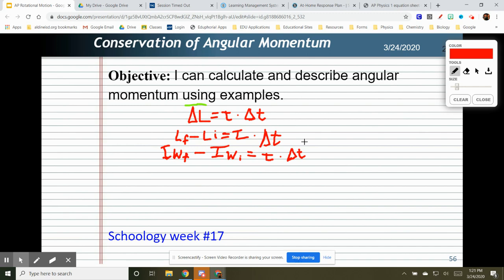Okay, so there was one big assumption that we had to make in order to state the conservation of angular momentum. Do you guys remember what it was for conservation of linear momentum? What had to be happening in order for there to be a conservation of linear momentum?